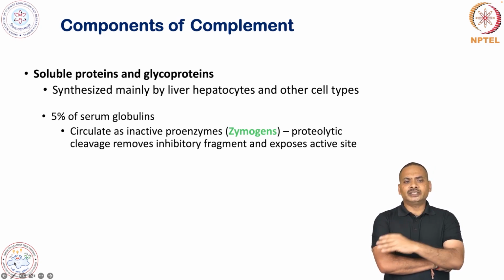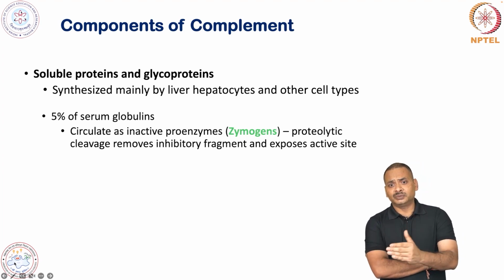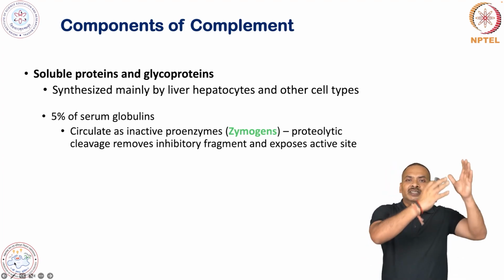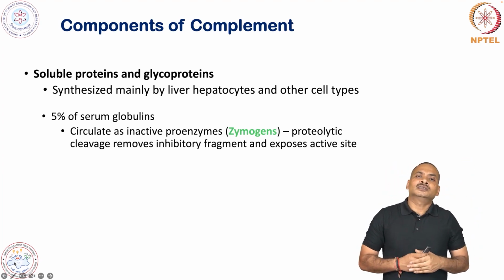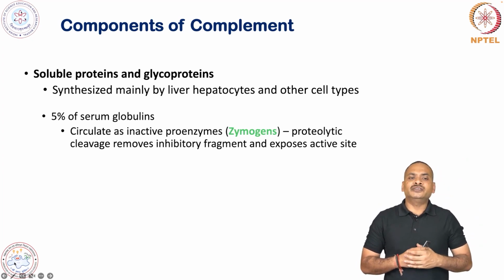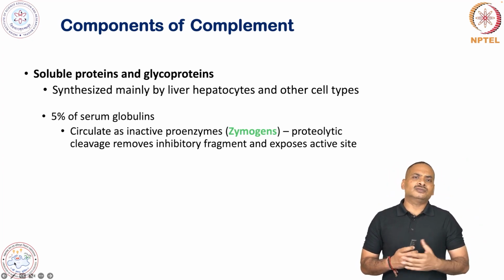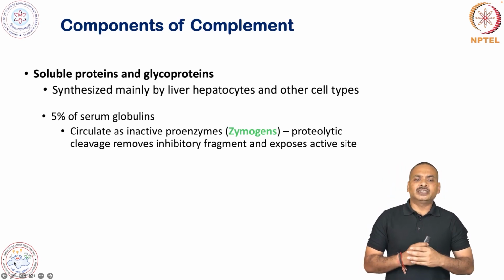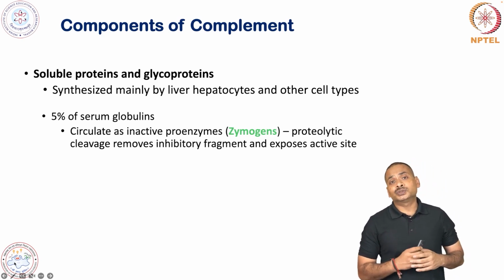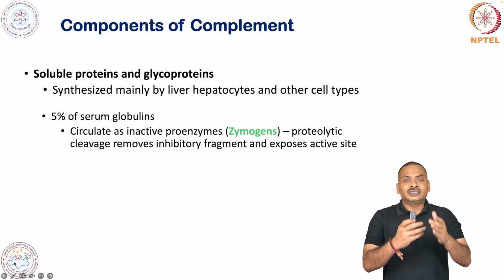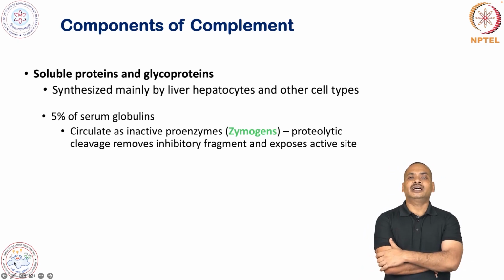They circulate in inactive form, in zymogen form, and there will be a cascade of signaling or proteolytic cleavage that makes it go from inactive to active form. Basically it cleaves the inhibitory fragment and exposes its active site, and in that way the complement gets activated.